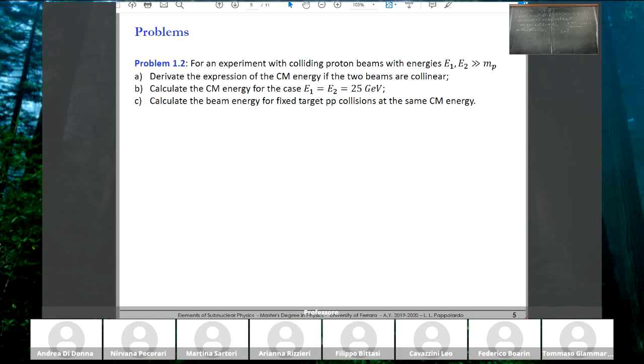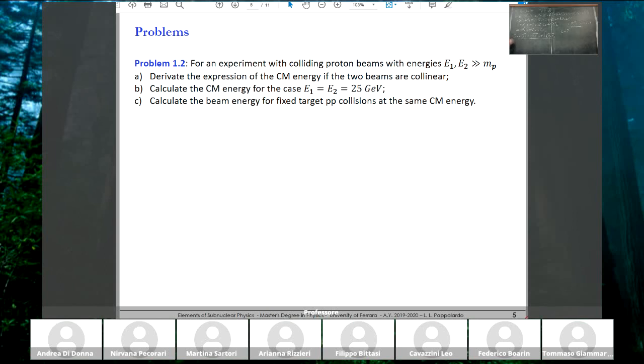Okay. So our result is that the center of mass energy, which is square root of s, is given by square root of 4 E1 E2, or 2 square root of E1 E2. Okay, so this is the derivation that was required in point A.